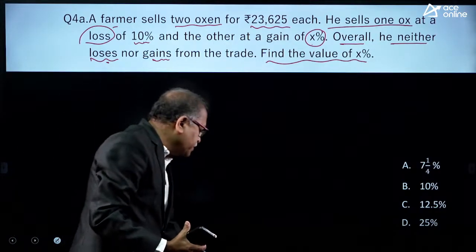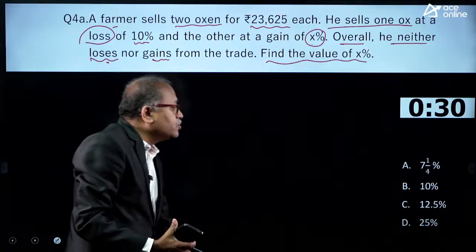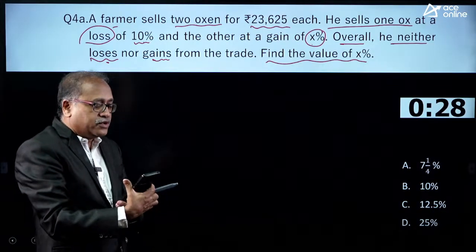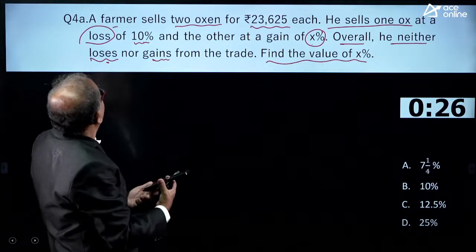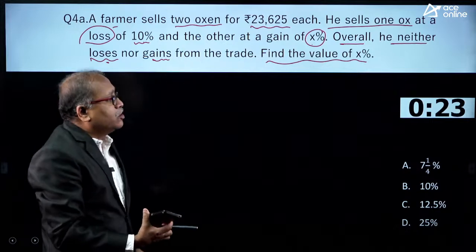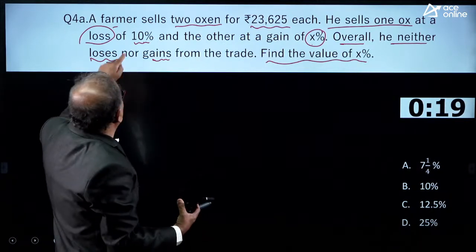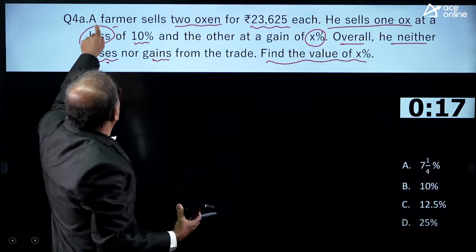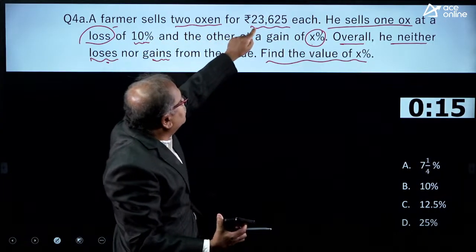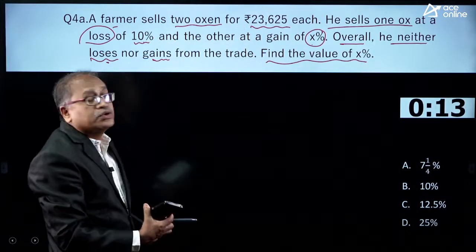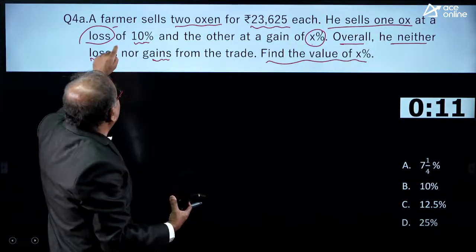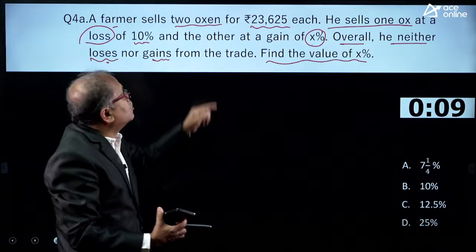Come on, my friends. So I am giving 30 seconds for you, and we will conclude with this question. Whatever he loses here, and the cost, a farmer sells 2 articles for rupees this much each, and in one case he is losing 10% on this.